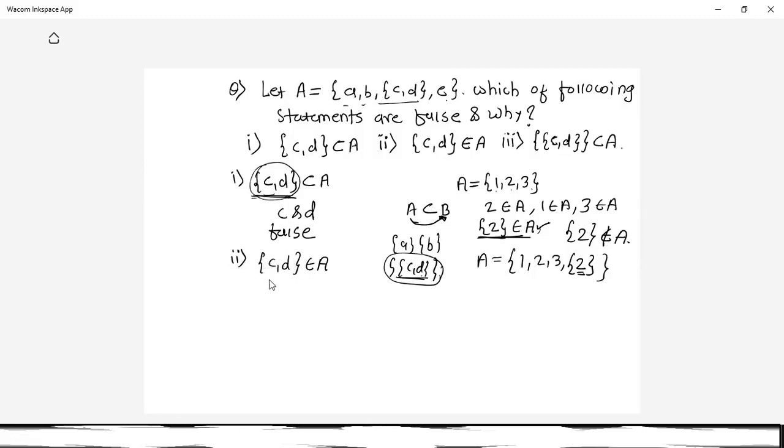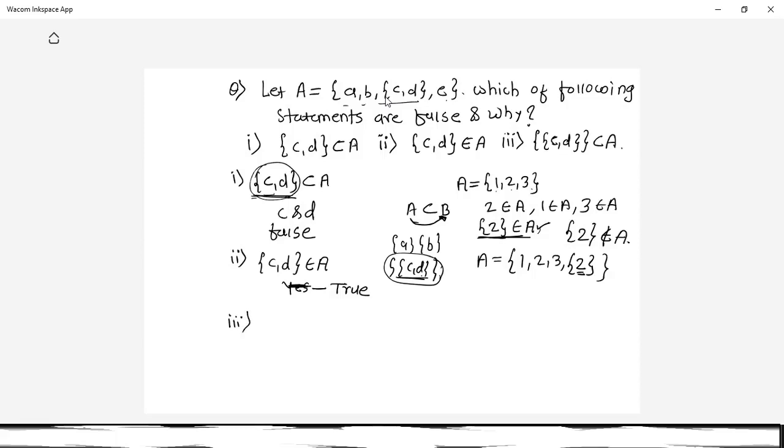A set with elements C, D belongs to A. The answer is yes. Why? A set with elements C, D is an element of this set A, and hence this is a true statement.